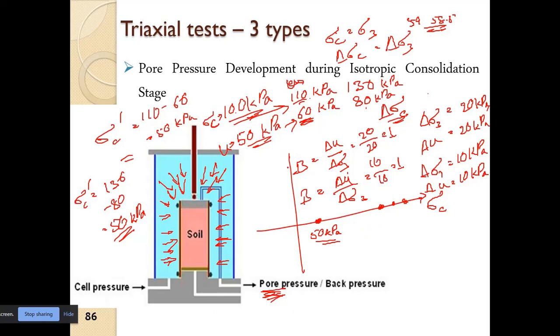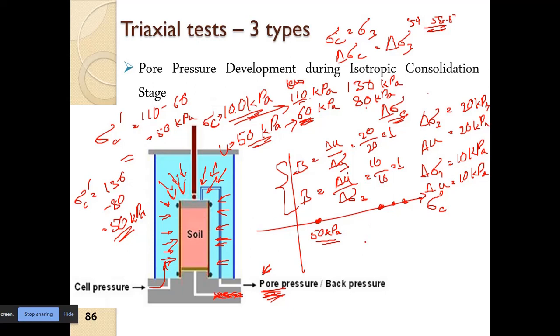So here we are measuring delta sigma 3, the increment in the cell pressure, and monitoring the increment in the pore water pressure when the drainage is closed. When the drainage is closed, we can tell whether the soil is saturated or not.